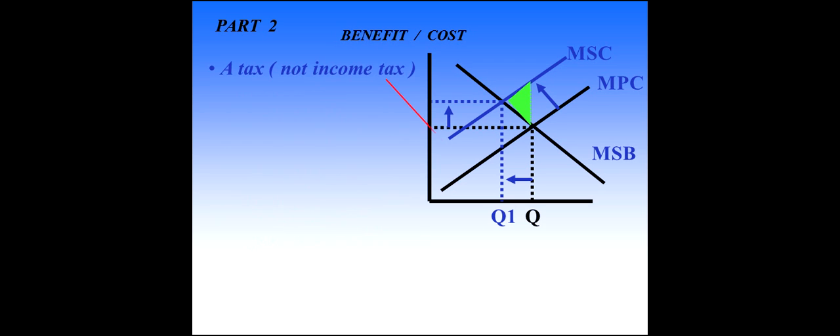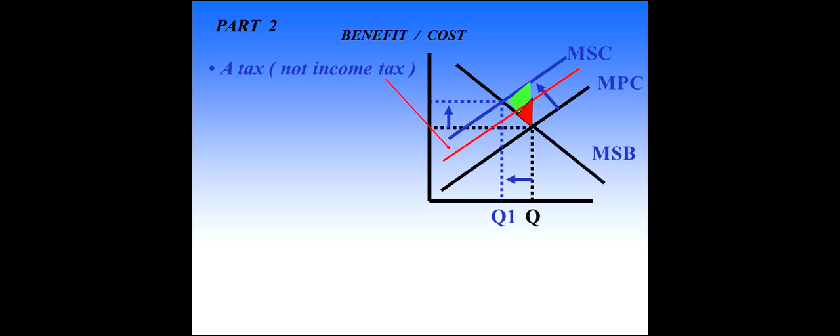A tax could be put in place by the state or the federal government that is not an income tax, could be an excise tax, or maybe even some kind of severance tax if that particularly applies here, to raise the cost of doing business for the producers and throttle them back a little bit so that they reduce output and get us closer to the optimum levels and reduce the pollution that we would like.